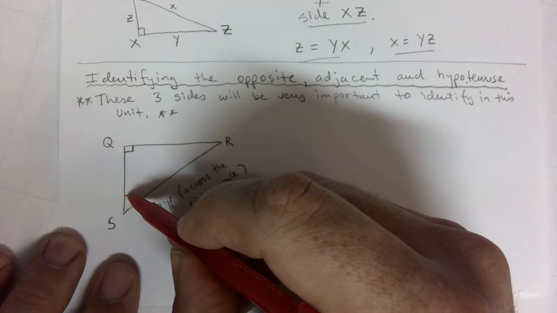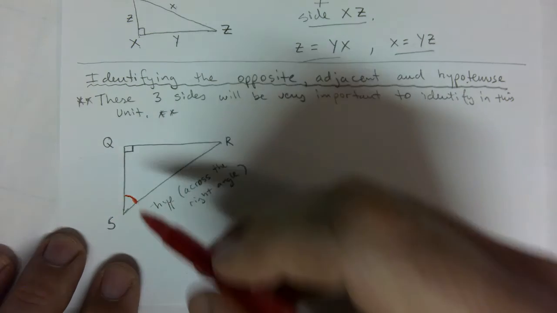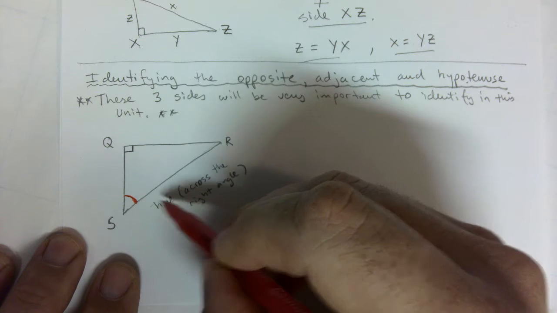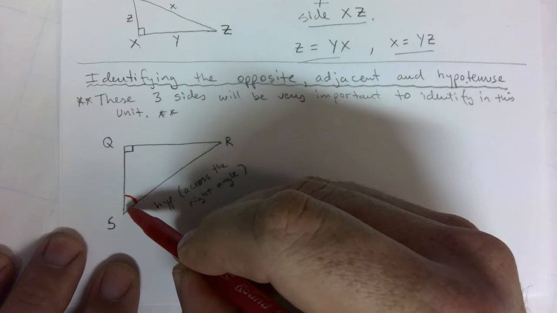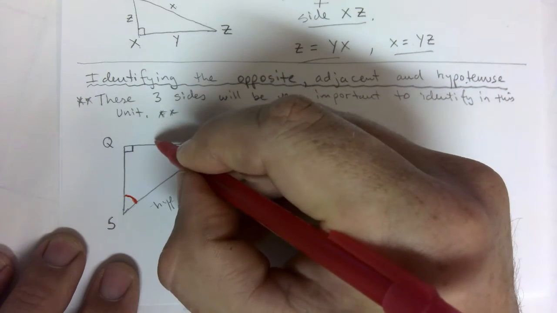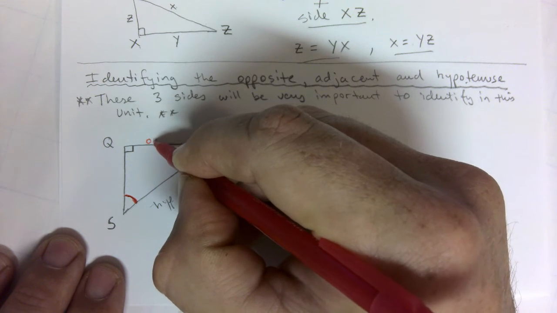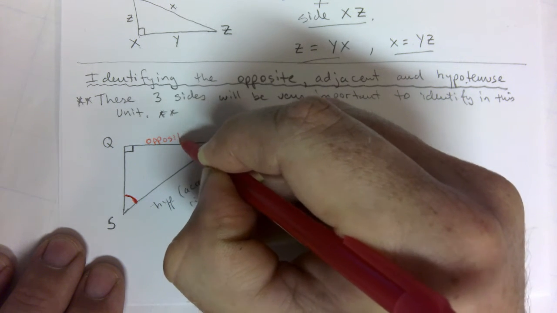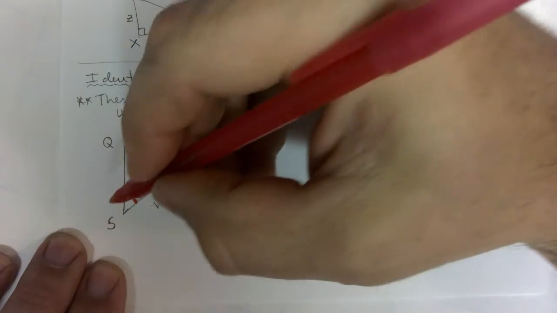So let's say the question has it marked like this. What you need to do is, once you've identified the hypotenuse, you move across, and the side that's across this reference angle S here would be considered opposite. So this is opposite. This is considered opposite, and this here would be adjacent.